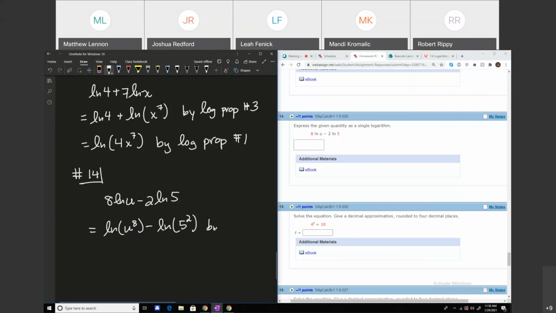So this is by log property number 3 again. And then we have the natural log of u to the 8th minus the natural log of 25. And then we can put this together as one big fraction, u to the 8th over 25 by log property 2.